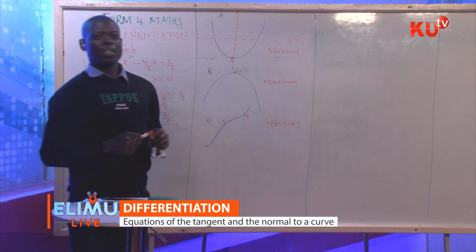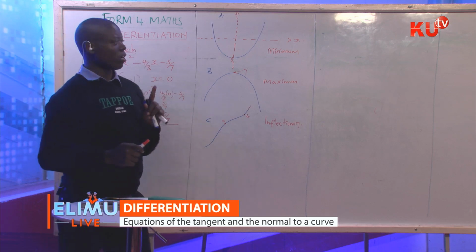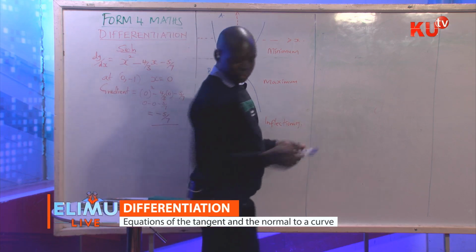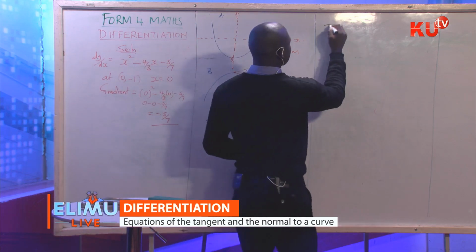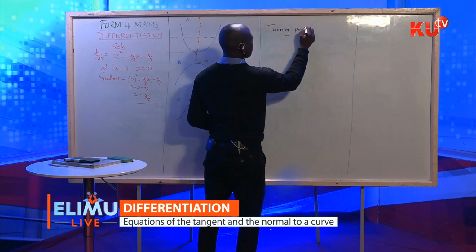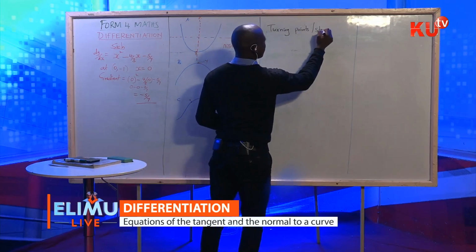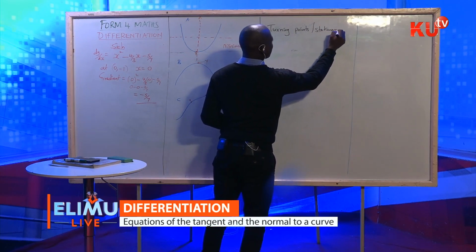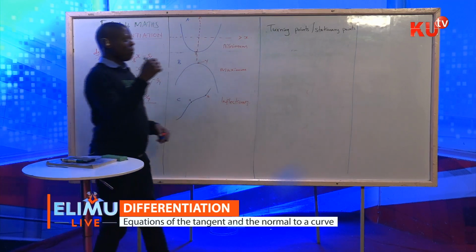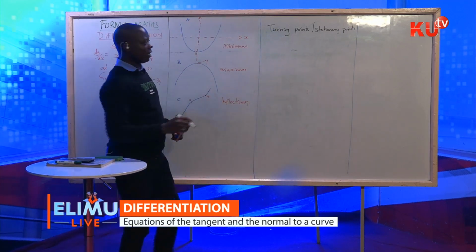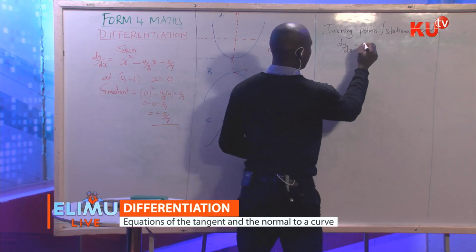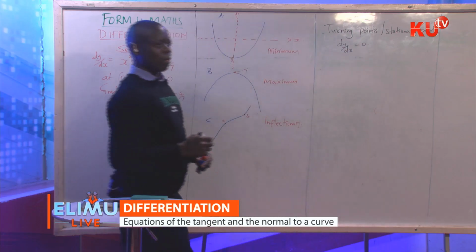But what is key, students, is to understand one basic concept in turning points. And what is that concept? When you're discussing turning points, or stationary points, at every turning point, the derivative, the dy dx, is always 0.